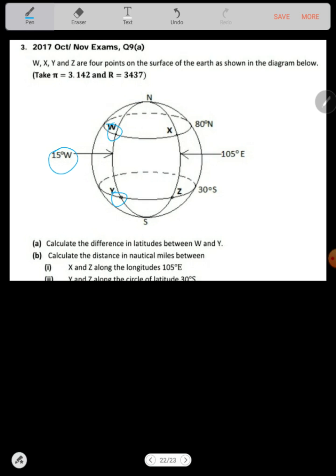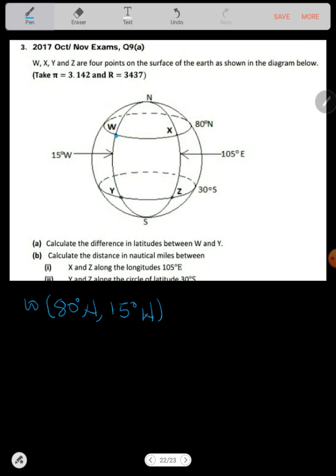So first we need to list the coordinates for W. W is what? You always start with a latitude. W is here. This is latitude 80 north. Then longitude, on which longitude? 15 degrees west.